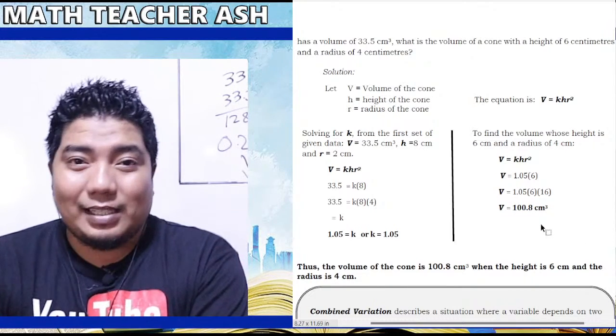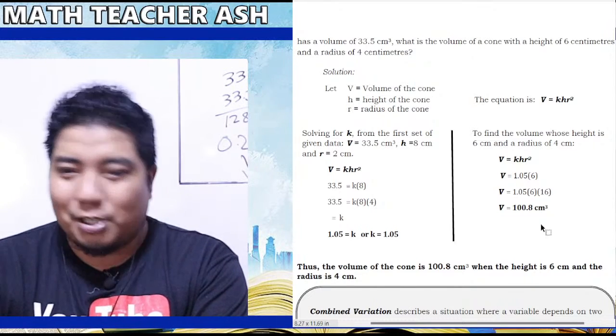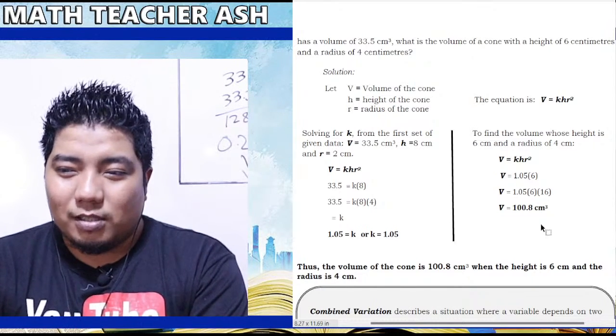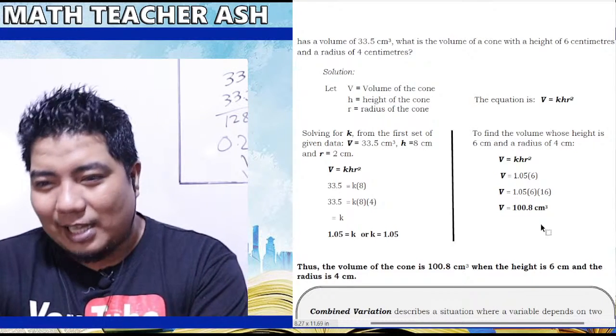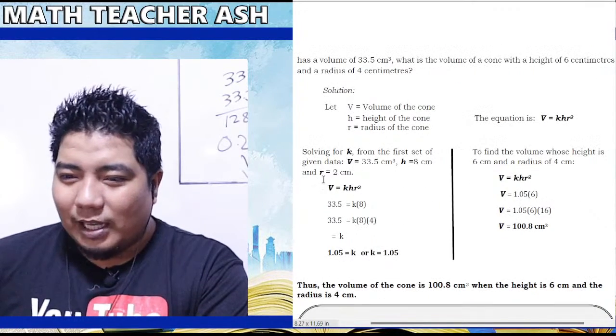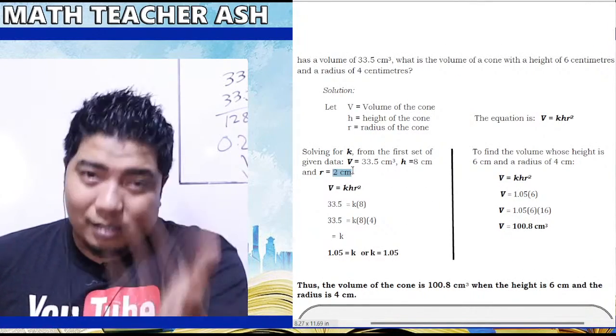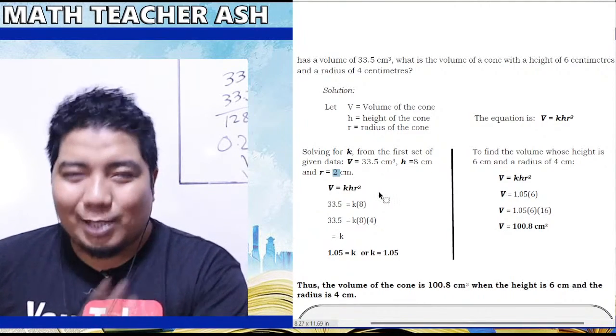At least dito sa Math Learning with Sir Ash, we have tried to correct it, my dear math learners. And we also have observed na mali pala tayo pagtingin sa radius sa first given. Kasi akala natin na 4, instead that is also 2 pala. Erratum, correct pala ang nandito sa module.